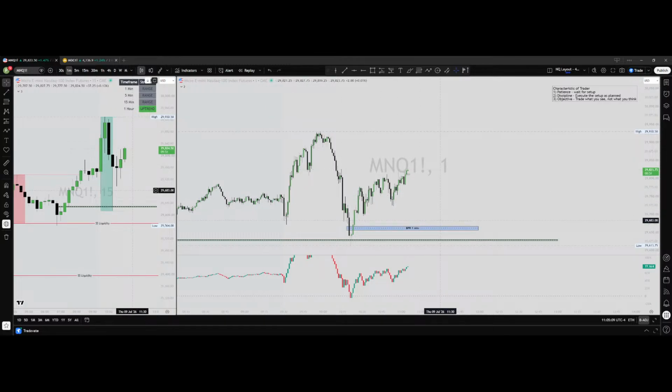There's no reason for me to look for shorts right now.